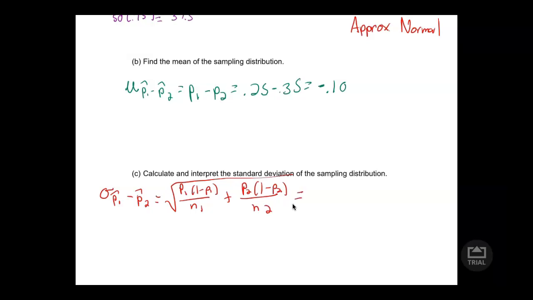So if we plug our values in, it's 0.25 times 0.75 all over the first bag had 50, and then 0.35 times 0.65 all over 40. You can pause it and put it in your calculator, but it's going to come out to about 0.097.